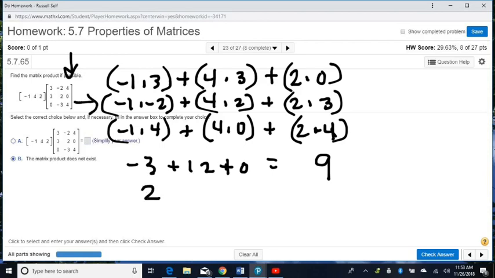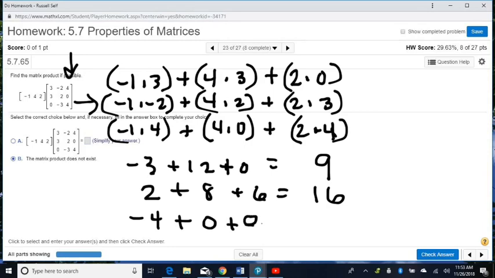So that's +2 plus 8 plus 6, which gives us 16. We'll do the bottom one. So -4 plus 0 plus 8. Sorry, can't read my own writing. Which gives us 4. And that's our matrix.